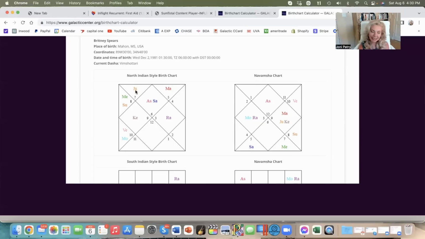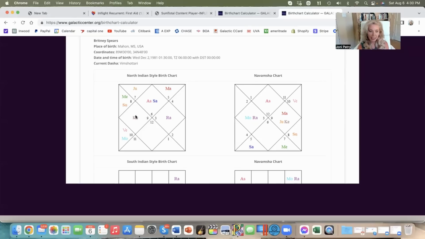Jupiter's in the 2nd house in Libra. The 7 is Libra. Then going to the 3rd house, she has Mercury and Sun in Scorpio. And when you go to the 4th house, she has K2, that's what K2 is, in Sagittarius.